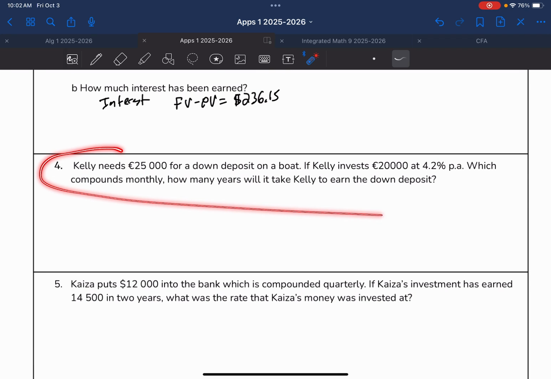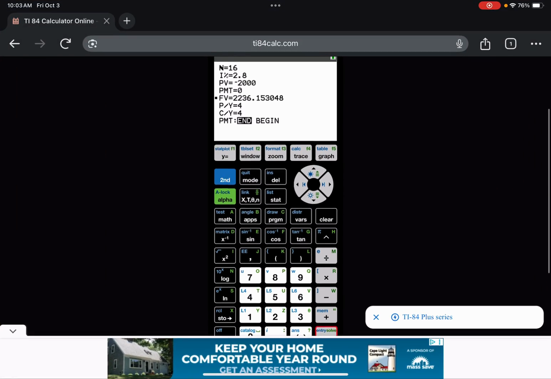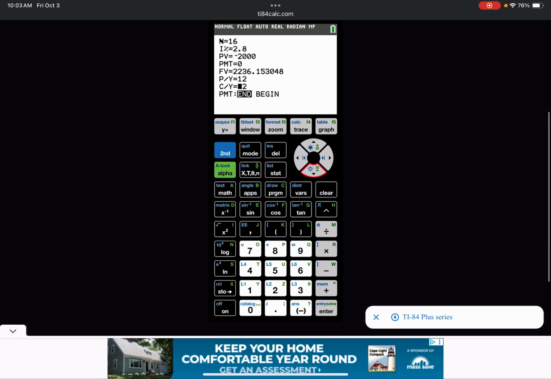All right, Kelly needs 25,000 for a down deposit on a boat. If Kelly invests 20,000 at 4.2%, compounds monthly, how many years will it take Kelly to earn the down deposit? All right, so let's take a look over here. So we're compounding monthly, so we want to start by changing this to 12.